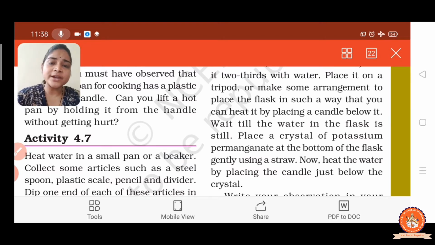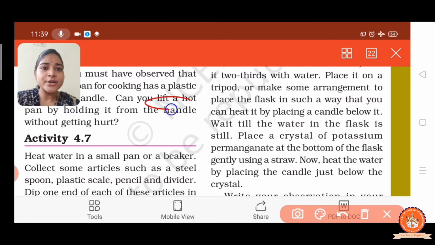So students, we already know that in liquid or gaseous form, heat is transferred through the convection method. Right? Now what actually happens in the convection method? Let us discuss. Suppose here is a container of liquid.